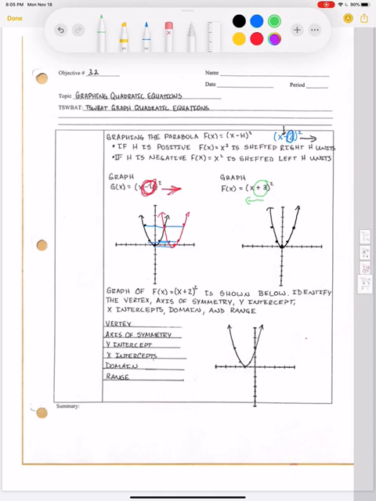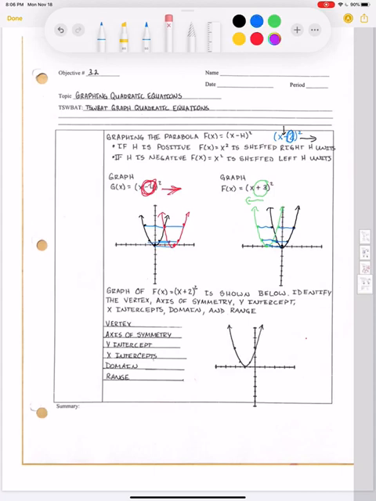So I'm just going to move everything over 1, 2, 3 units. 1, 2, 3 units. Boom. There we go. Again, everything got moved from the black to the green, over 3 units to the left. That's all that we're doing, is moving left and right.